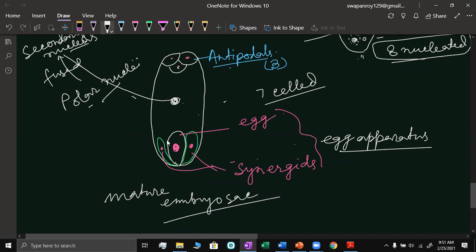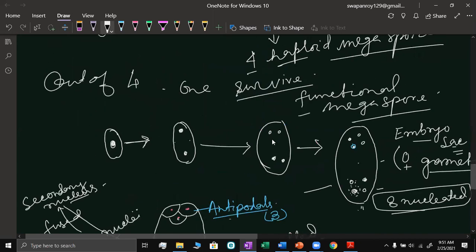In the mature embryo sac, every cell is haploid. Why? Because this has developed from the megaspore. This megaspore is haploid because it developed by meiosis. After this, mitosis division.